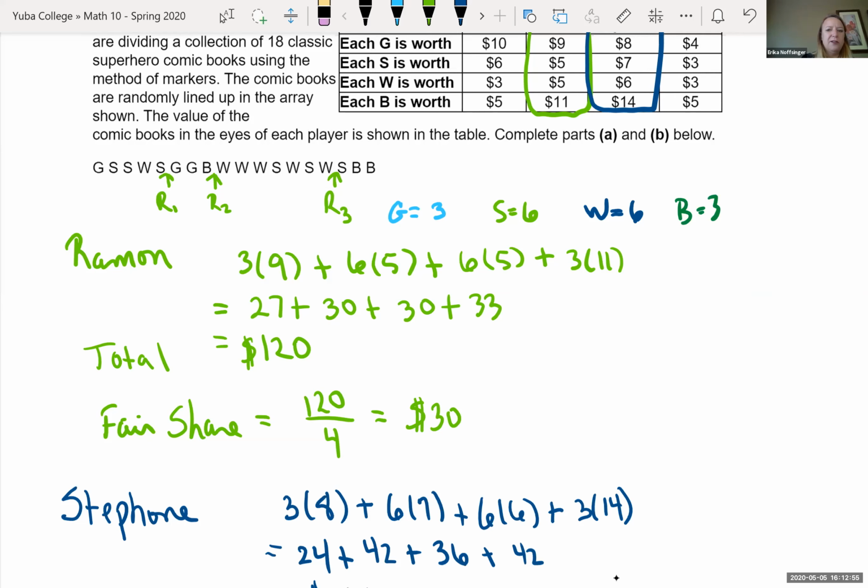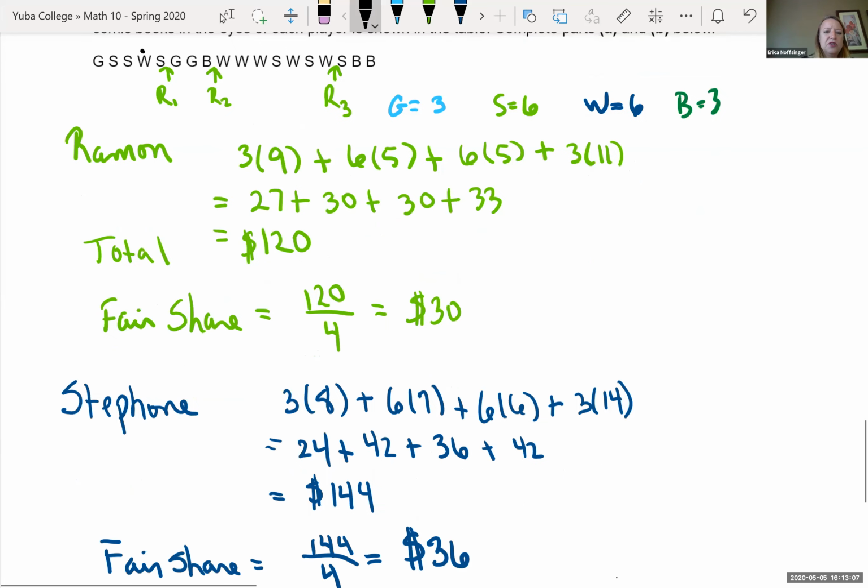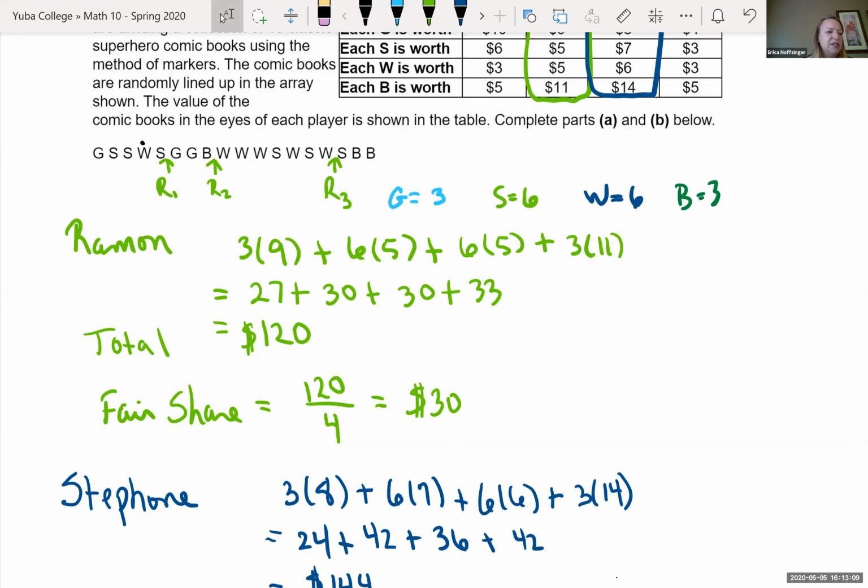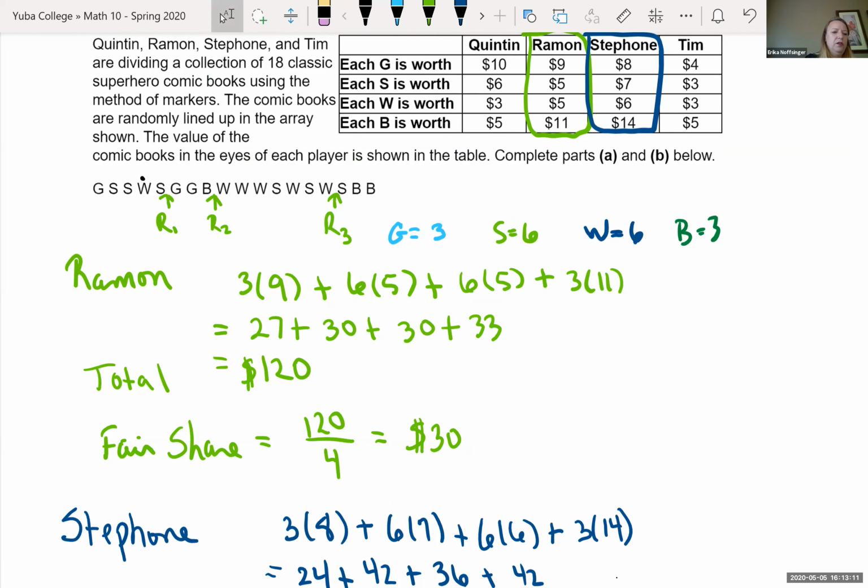Plus $7 is another S, plus W. So far we're up to $28, but we're trying to get up near 36. So $28, so an S would be $7. And so right there, we are going to have to put on Stefan.